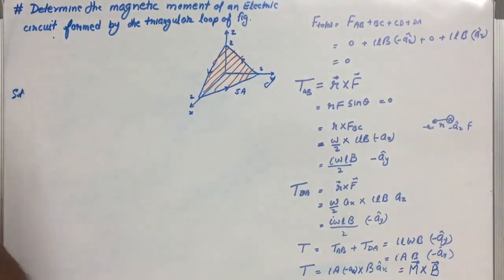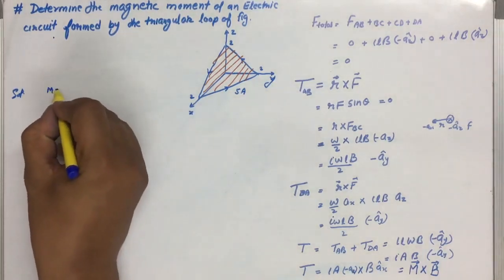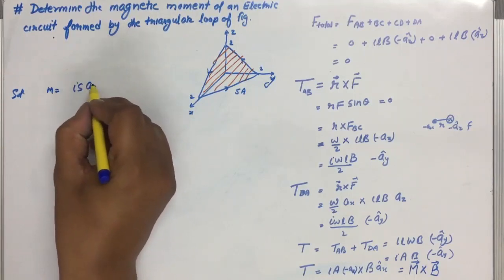From here, M is the current and the surface area in the normal direction. So we can say M is current, surface area and AN.